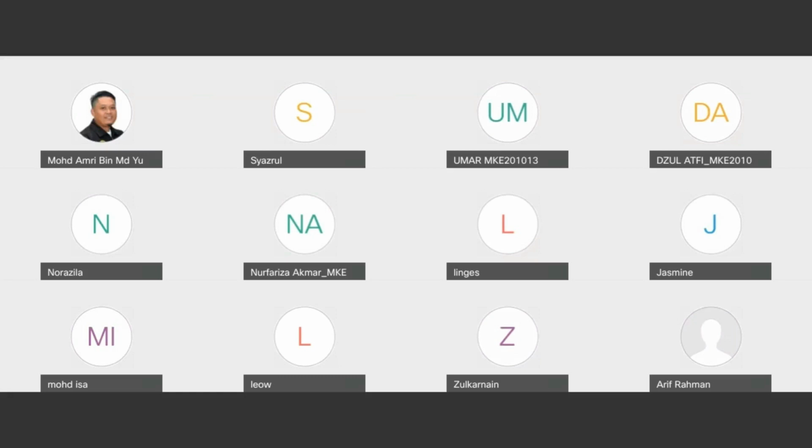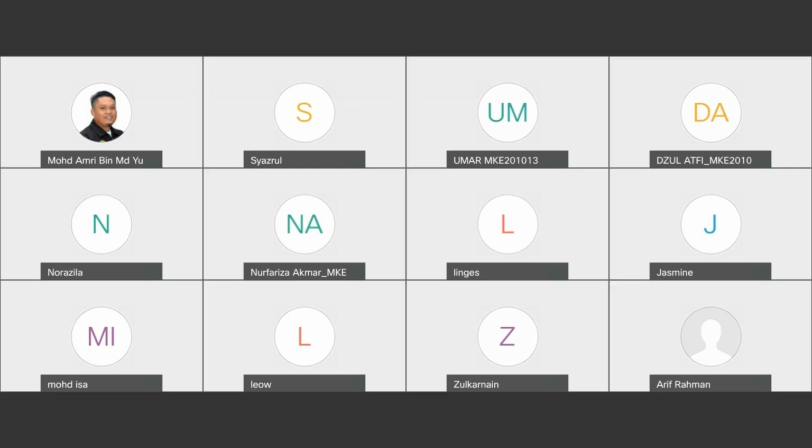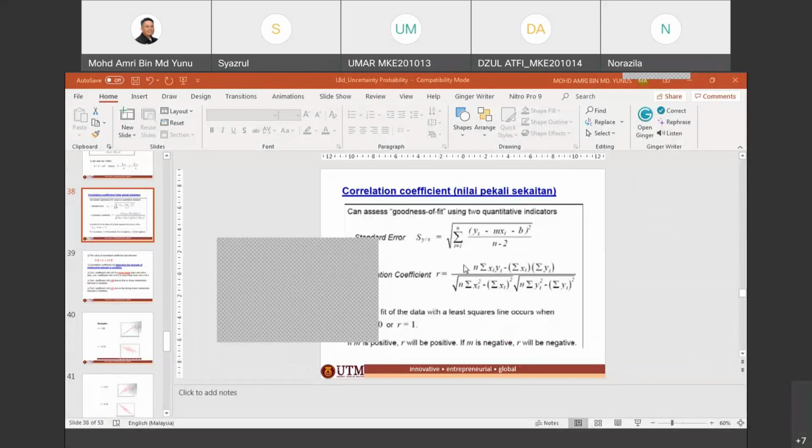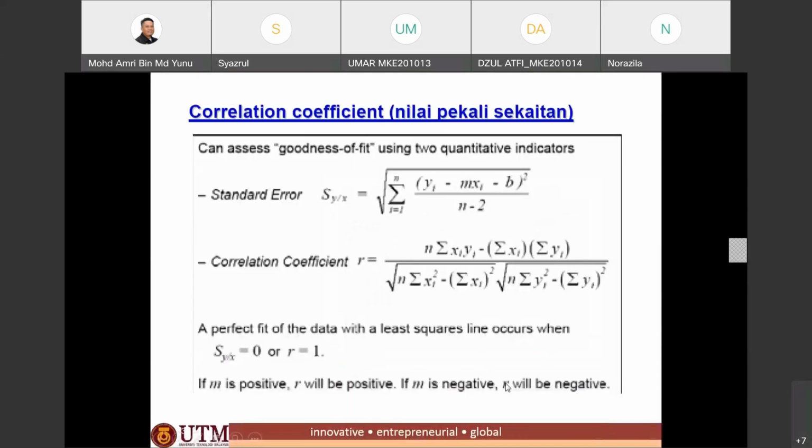The rest, basically, like for example here, in the notes. Okay, so how to find the correlation coefficient.